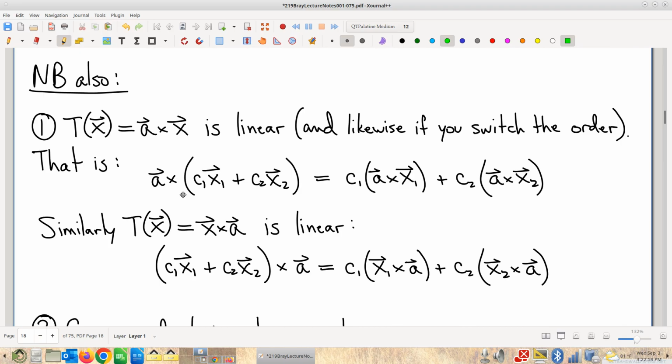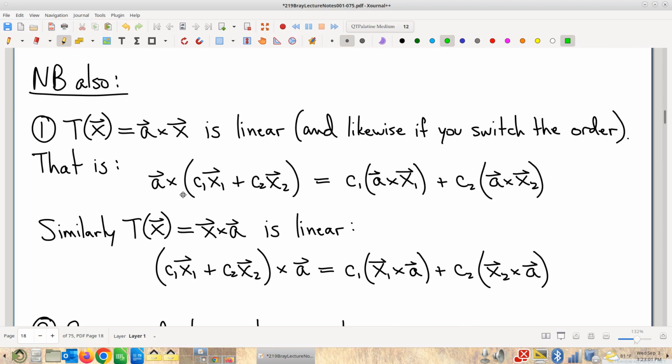And here's some additional points that I think are worth mentioning. I like to make the observation that cross product is linear. Now, what I just said is technically not quite true. Linear means something that acts on a vector in such a way that linear combination in, linear combination out, however you want to say it, right?